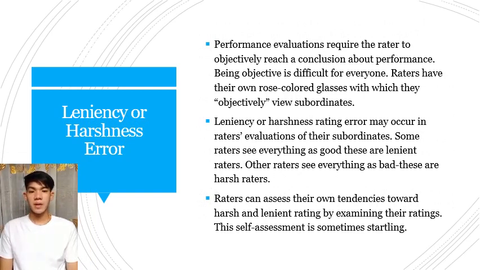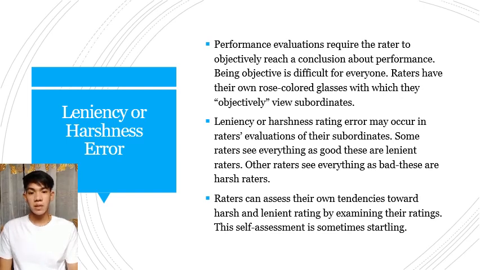Leniency or harshness error. Performance evaluation requires the rater to objectively reach a conclusion about performance. Being objective is difficult for everyone. Raters have their own rose-colored glasses through which they view subordinates. Leniency or harshness rating error may occur in raters' evaluation of their subordinates.